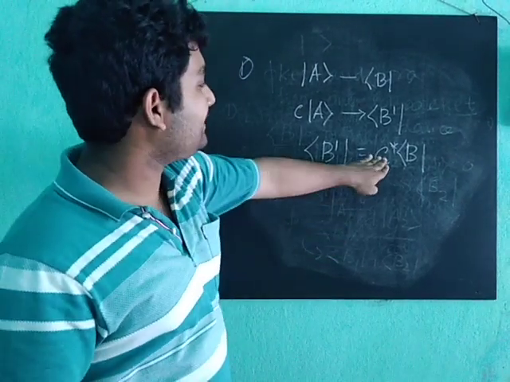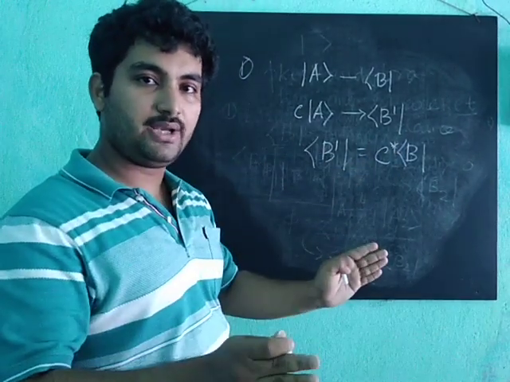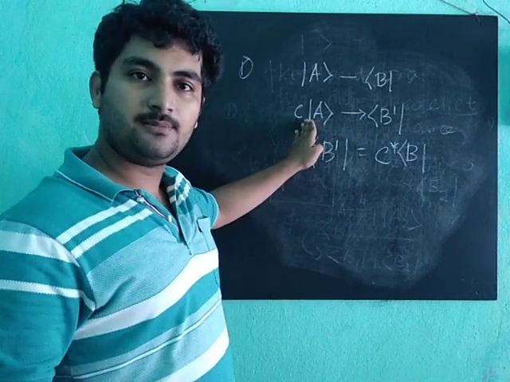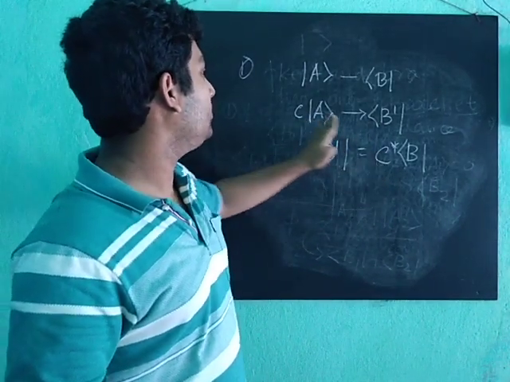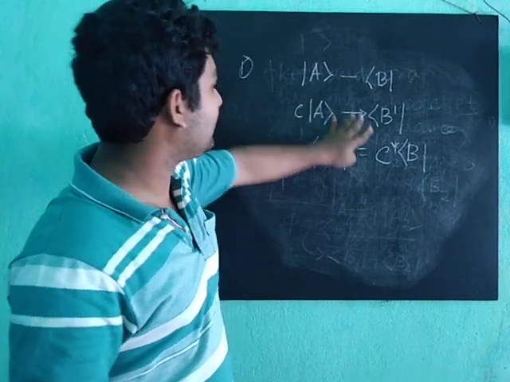Okay, so what is C star? C star is the complex conjugate of C. C is a complex number, so this is the complex conjugate of this complex number. So this is our assumption.